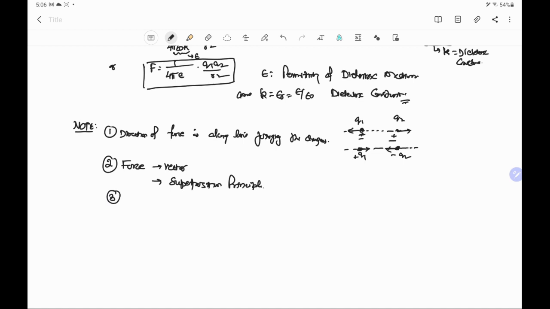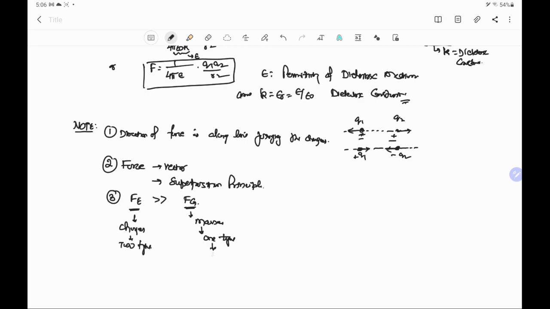Third, electrical forces are very, very large compared to gravitational forces. Gravitational forces are very weak in comparison to electrical forces. Gravitational forces are due to masses and electrical forces are due to charges. Masses are of one type while charges are of two types.